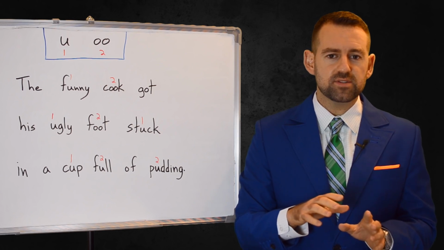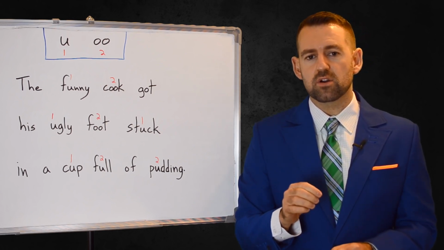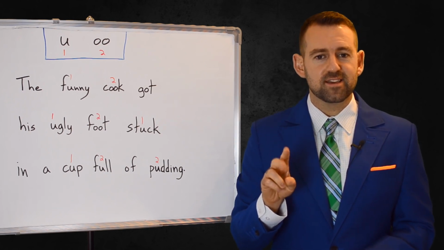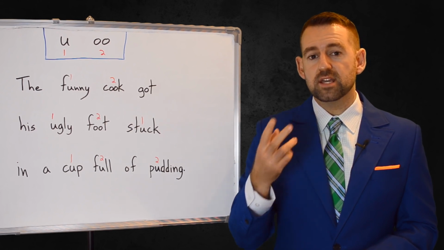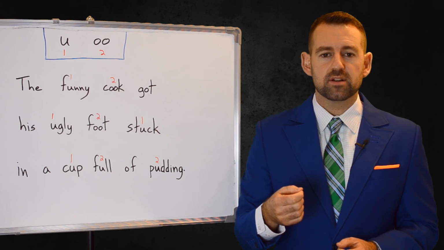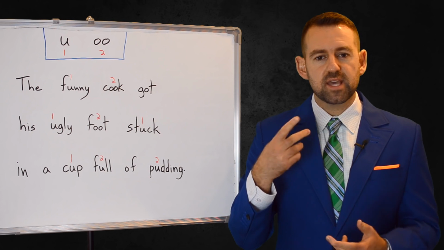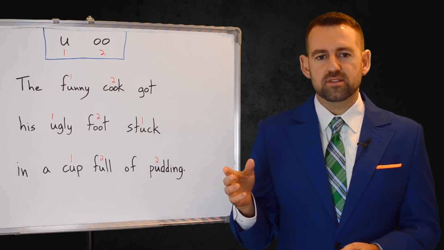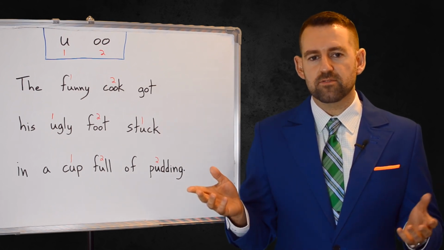All the other letters in English are consonants. Right? And there's 2 kinds of consonants. There are consonants with continuous sounds, like the letter S. I could keep saying that sound forever. Or the letter M. I could say that sound forever.